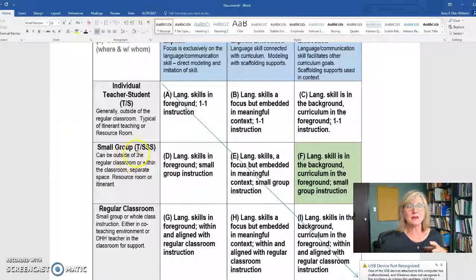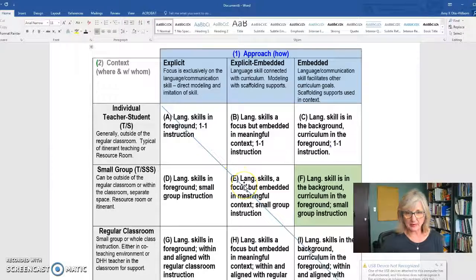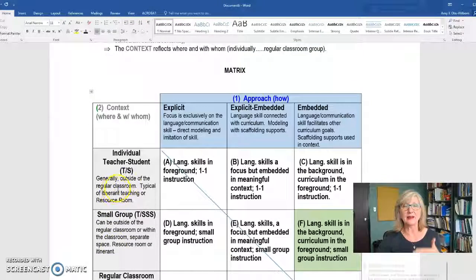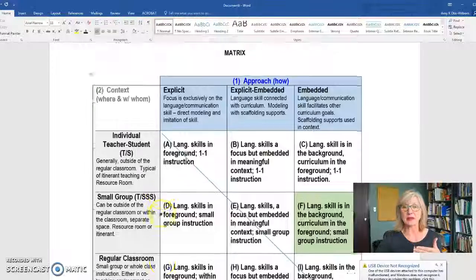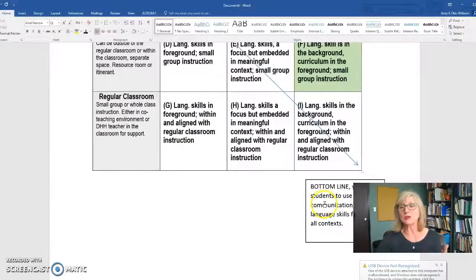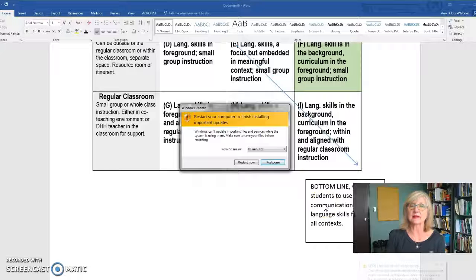And again, it can be explicit, embedded, and then fully embedded, and then in the regular classroom. So some of you are right in the classroom, and what can you do to help with possibly using explicit, embedded, or fully embedded. And so the bottom line is you want the students to use these communication skills.